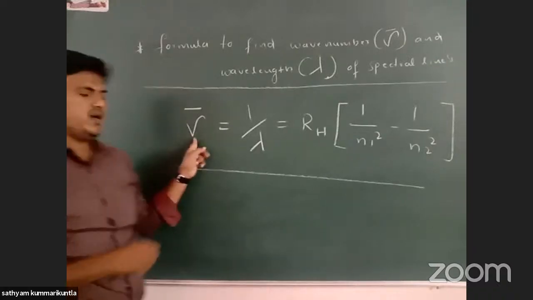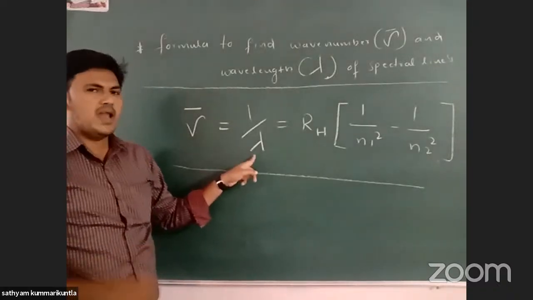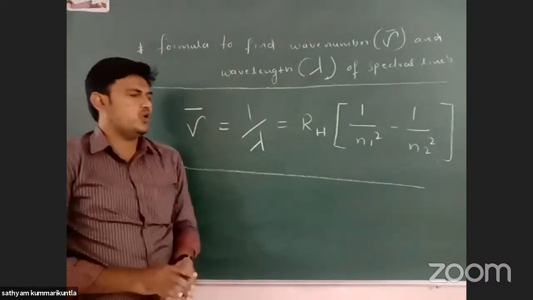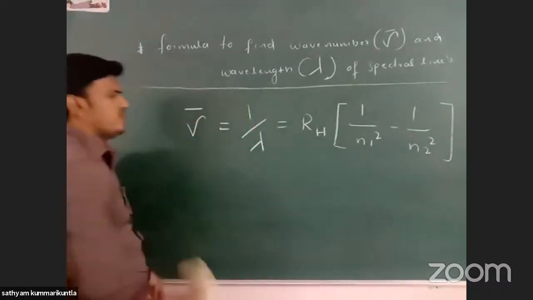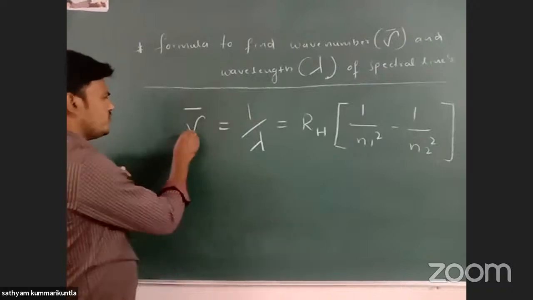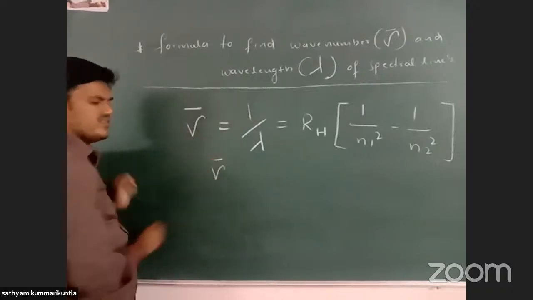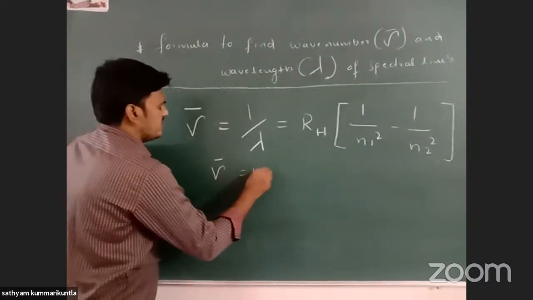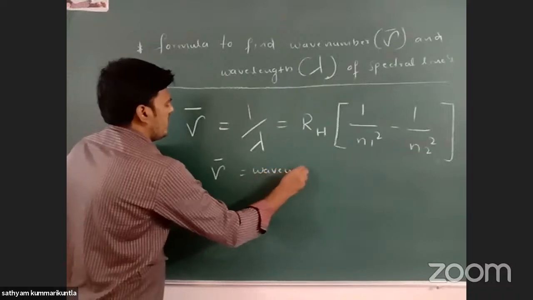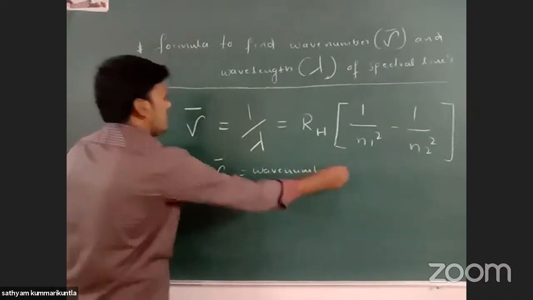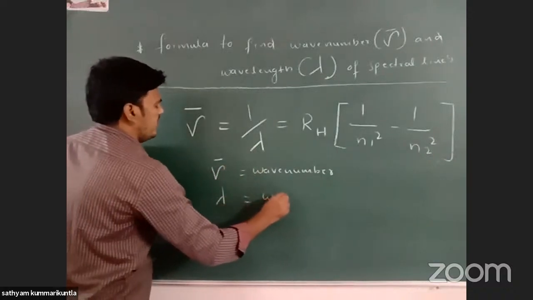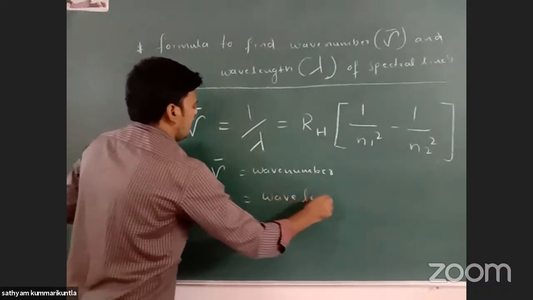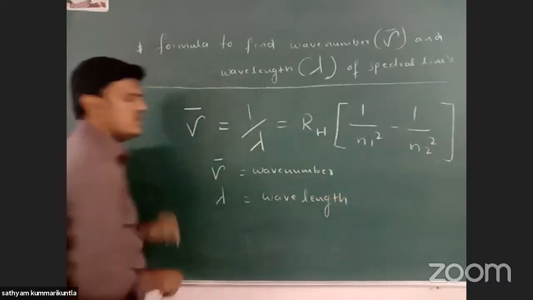So wave number u bar is equal to 1 by lambda is equal to RH into 1 by n1 square minus 1 by n2 square. In this, u bar is wave number. Lambda is wavelength.